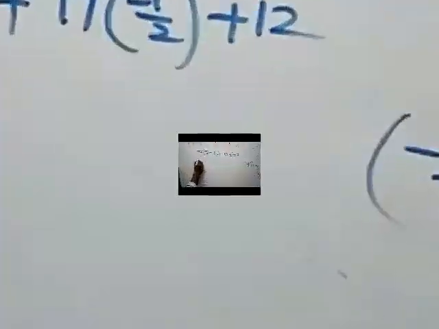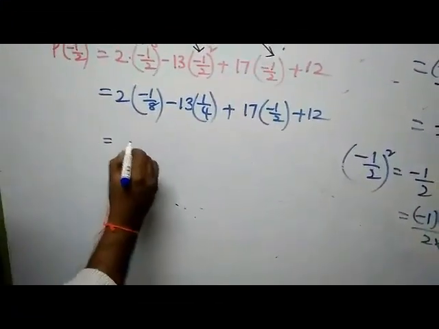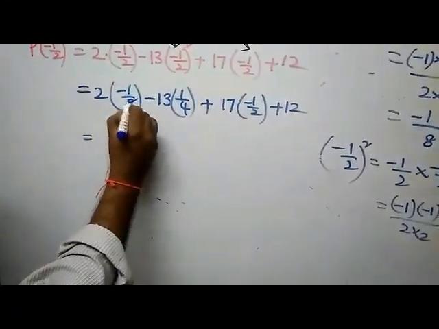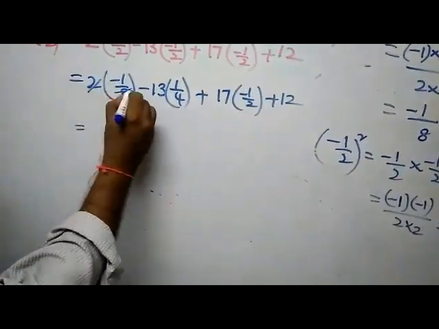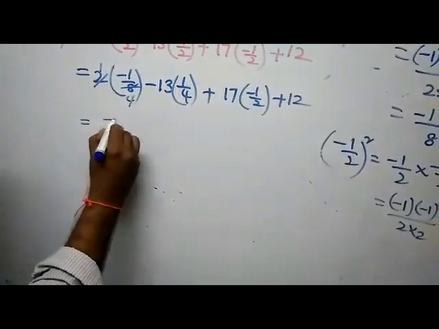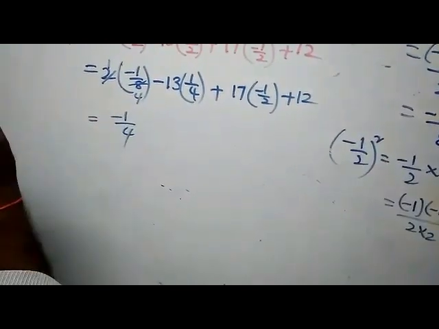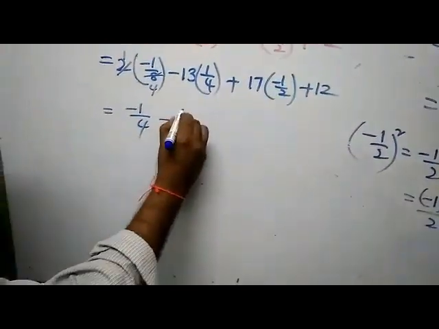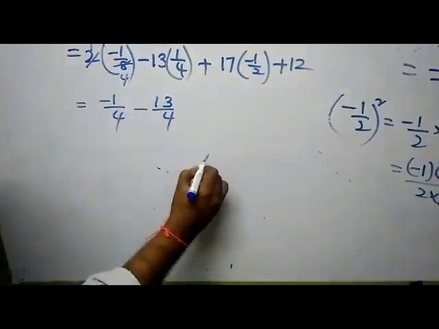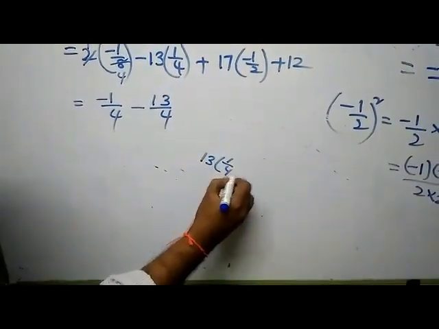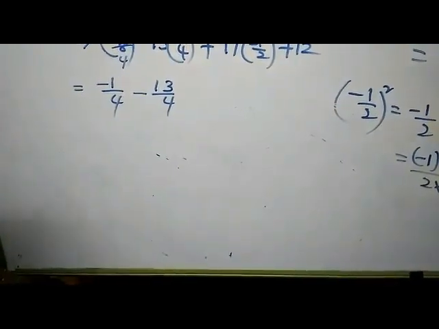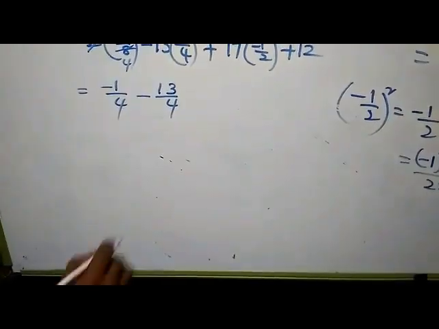Let us simplify. Is equal to, you can cancel 2 into minus 1 by 8, 2 ones are 2 and 2 fours are 8. That's why 1 into minus 1, minus 1 by 4. This is minus 13 by 4, 13 into 1 by 4, minus 13 by 4.